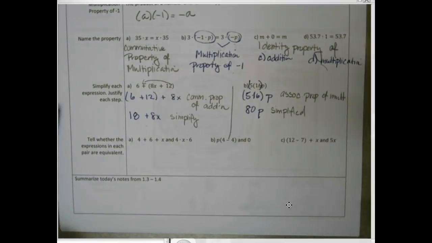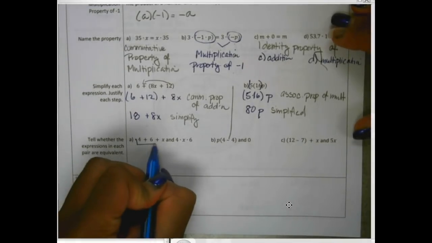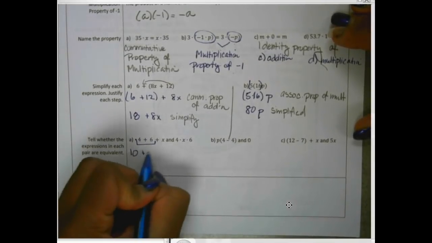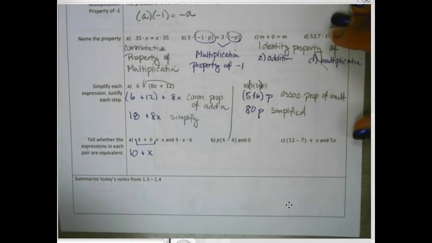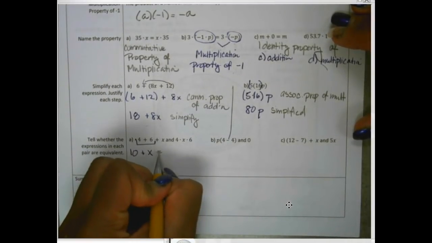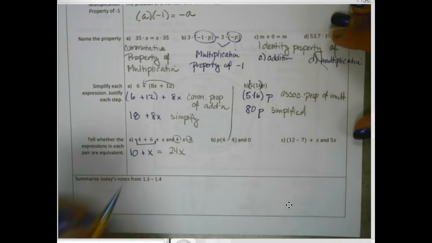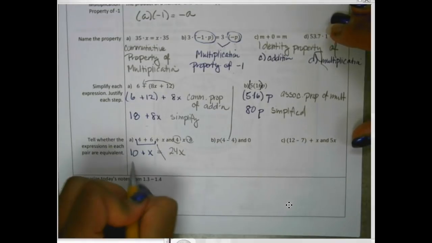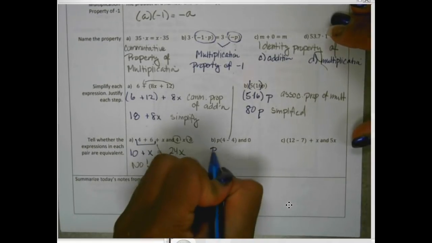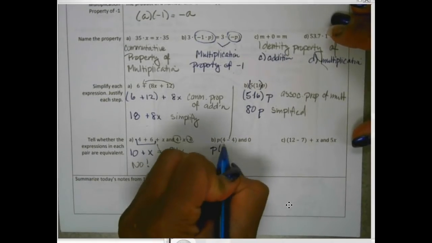Now, tell whether the expressions in each pair are equivalent. Well, let's see. Let's do a little simplification here. What's 4 plus 6 is 10 plus x on the left side. And is that equivalent to, well, what's 4 times 6 looks like a negative 4x? Nope. So no, those are not equivalent. They're not the same. Well, let's look at this one. Left side, 4 minus 4 is 0.